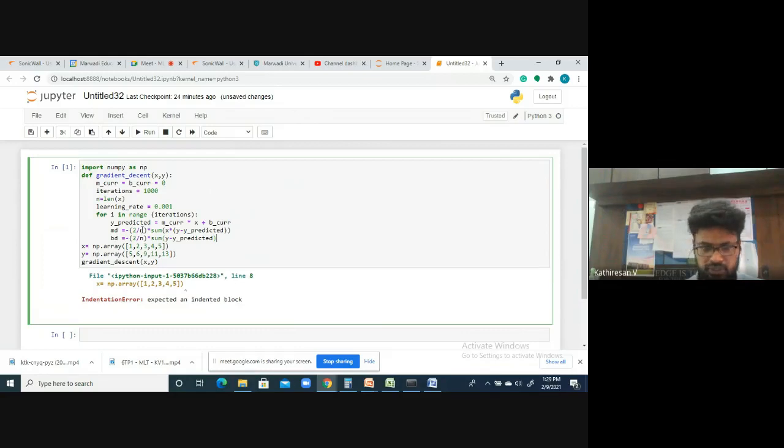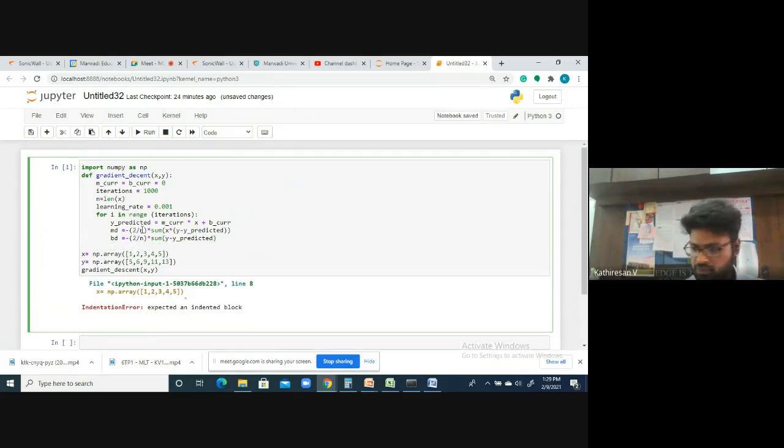Then m current equal to m current minus learning rate into md.